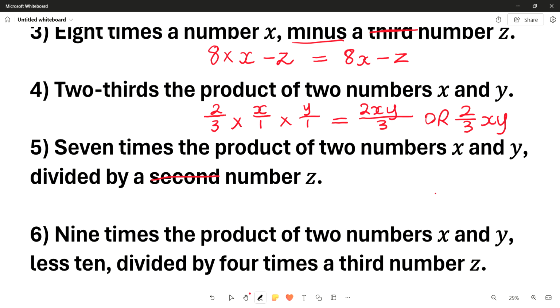So 7 times x times y all divided by z. And that will actually give me 7xy, 7 times x times y. In algebra, we write division as a fraction. So it'll be 7xy over z.